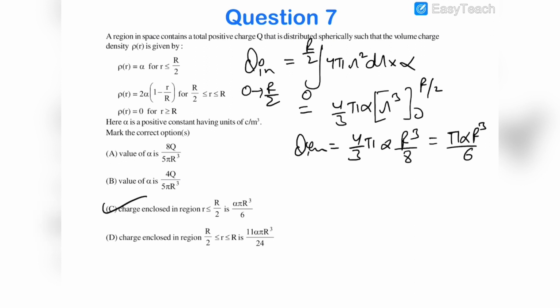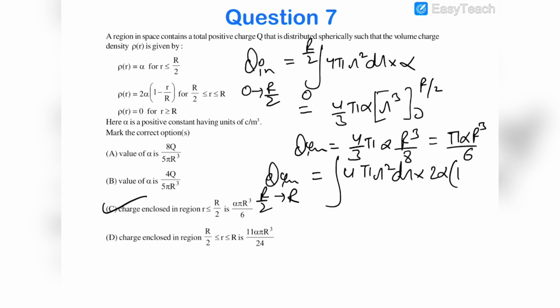And the Q inside in the region R by 2 to R will be equal to integration of 4 pi r square dr into 2 alpha into (1 minus r by R).